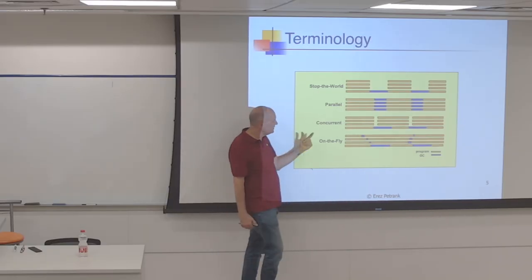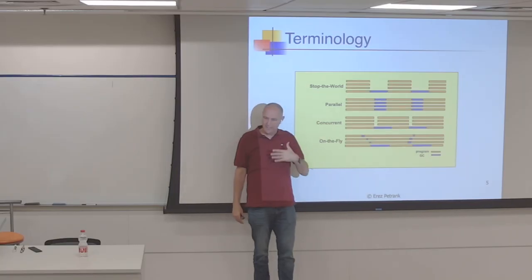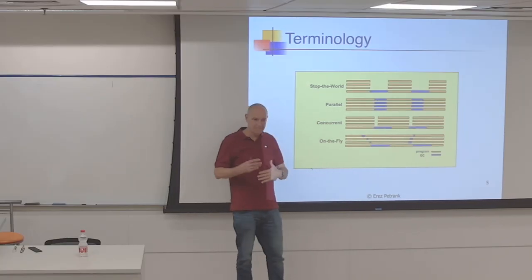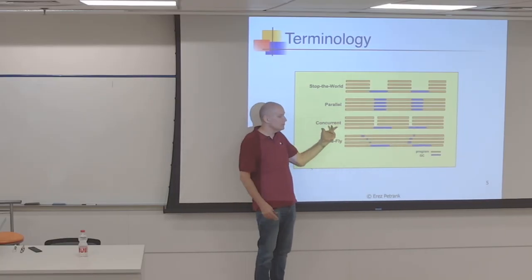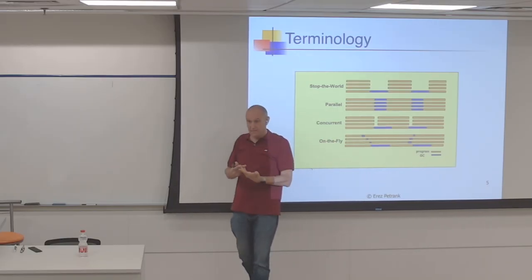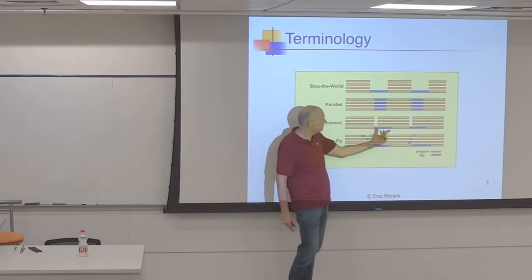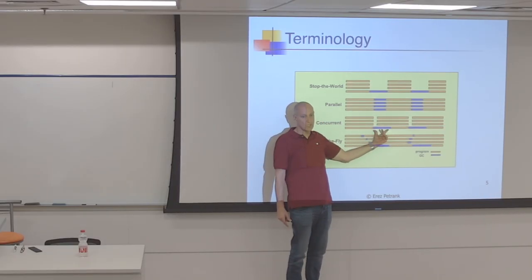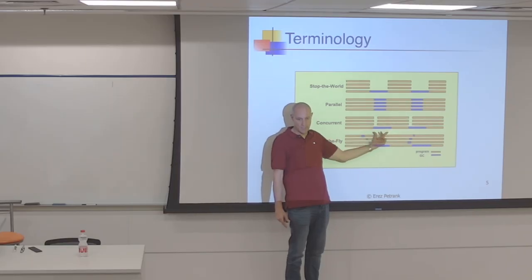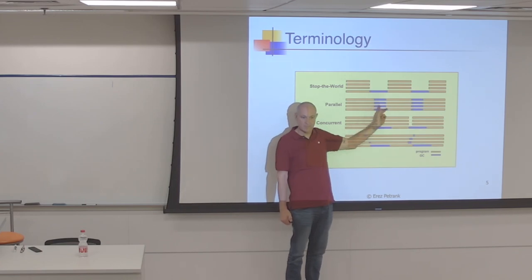In contrast to this, there is concurrent. This is not the English differentiation between parallel and concurrent. This is the jargon of this specific community, where concurrent means that the collector runs concurrently with the program, and parallel means that the collector runs in parallel to itself.